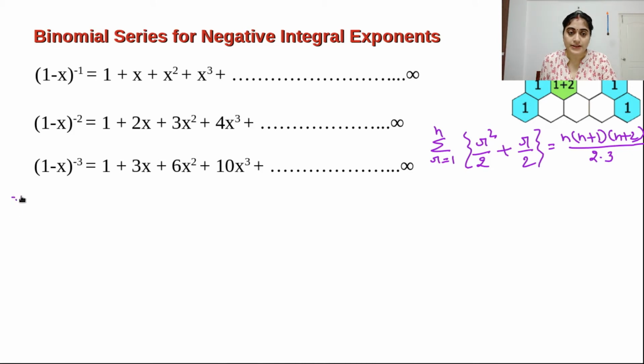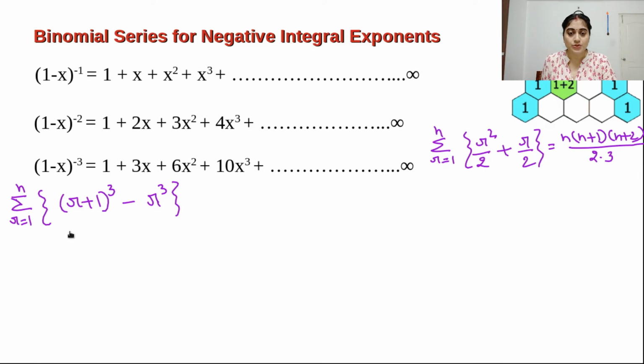So what is called the telescopic sum? Take r equals 1 to n, of r plus 1 whole cube minus r cube. Let us see how it looks if I start from r equals 1.